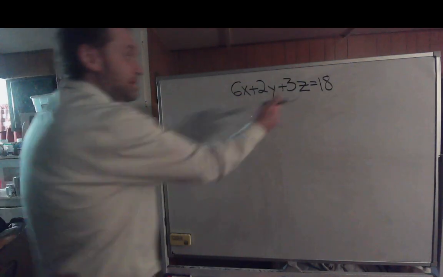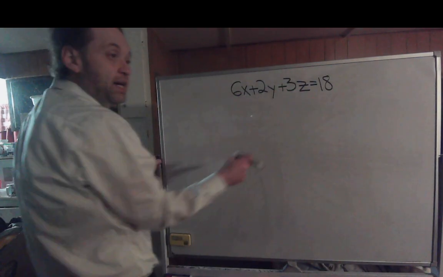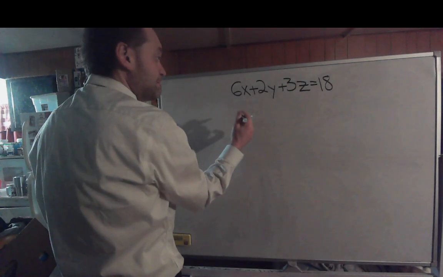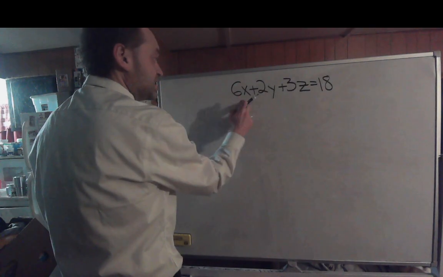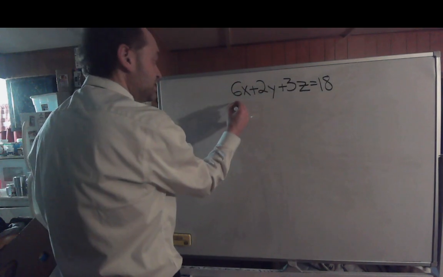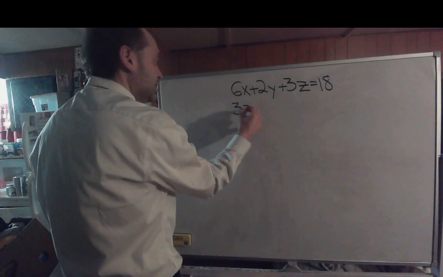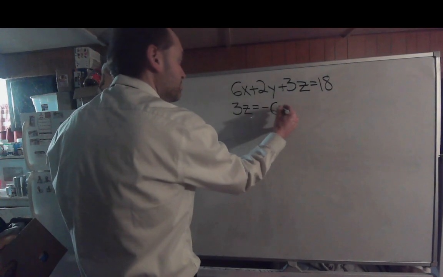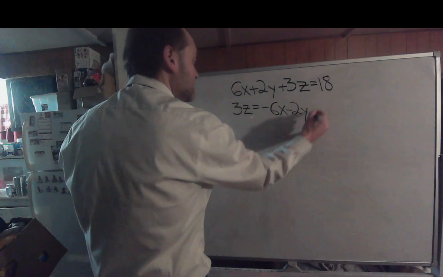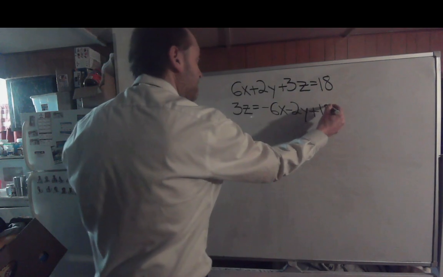So get the z by itself. Get the z term by itself on one side. If you were to do that, you would subtract 6x and 2y from both sides. You would end up getting 3z is equal to negative 6x minus 2y plus 18, right?